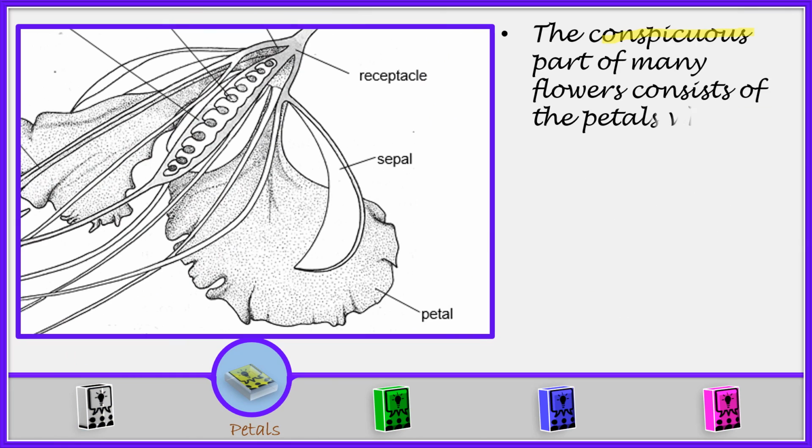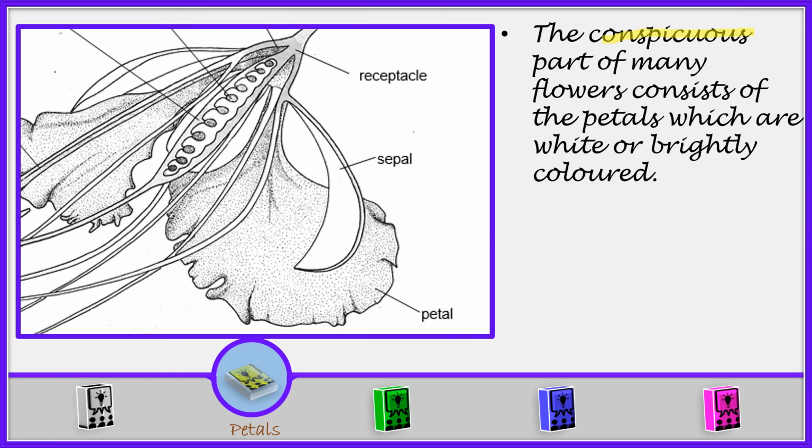The conspicuous part of many flowers consists of petals which are white or brightly colored. The most conspicuous part of a flower are the petals. We say conspicuous because they can easily be seen.